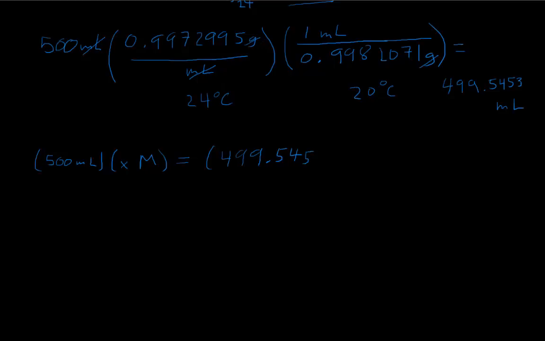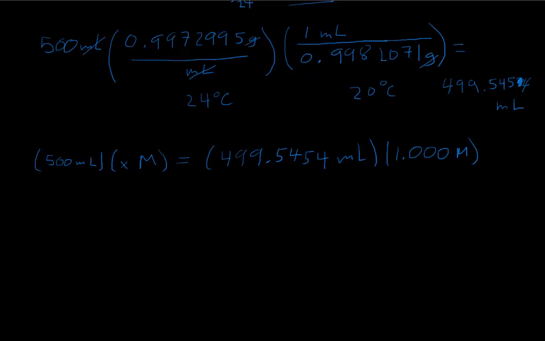Actually, I should round this 3 to a 4 because the next number in my calculator was an 8. So 499.5454 milliliters times the molarity at 20 degrees Celsius that I'm looking for is 1.00 molar.